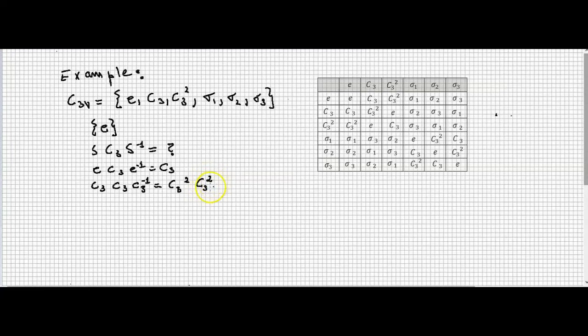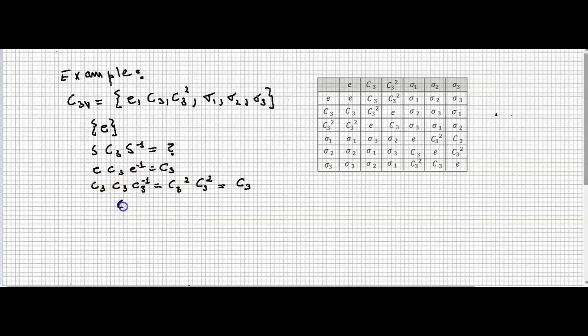Because C3 square multiplied by C3 is equal to the identity. So C3 minus 1 is C3 squared. So C3 square multiplied by C3 square, so this is a rotation of 8 pi over 3, which is a rotation of 2 pi over 3 plus 2 pi, and 2 pi over 3, so this is C3. Okay, so until now we just found the element C3.